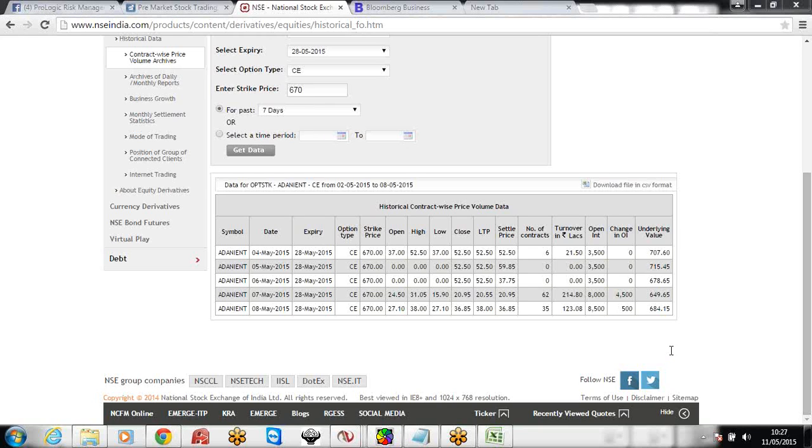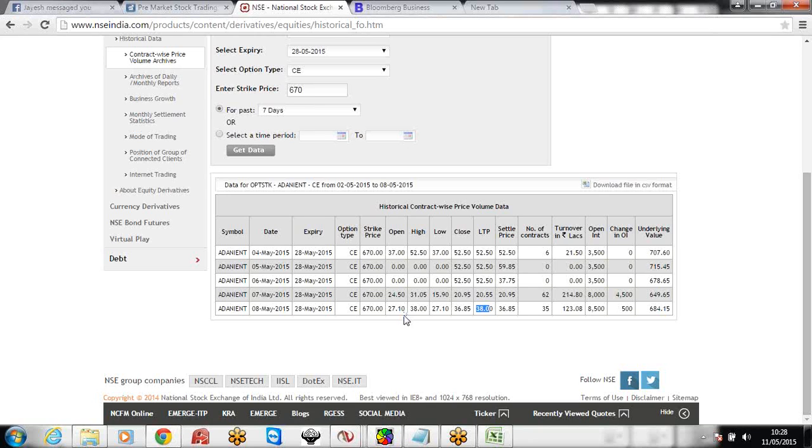If you don't have equity here, what I'm trying to show you is only futures. Equity, if you want to trade, you'll have to get the data. So even at this level, 27 it opened and 38 it closed. That's around 10 rupees. 10 into 500 is your lot size.